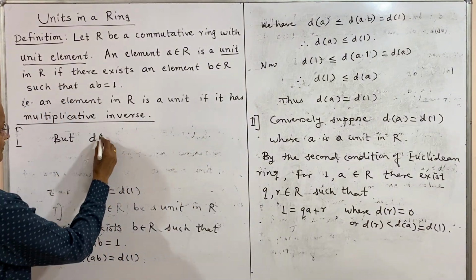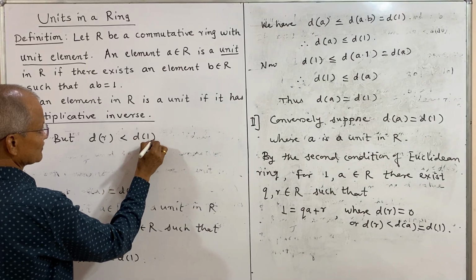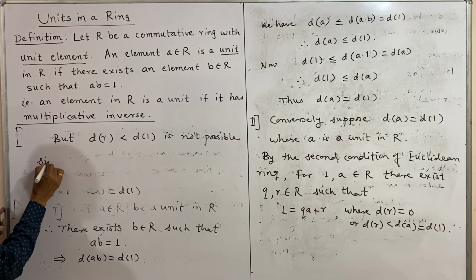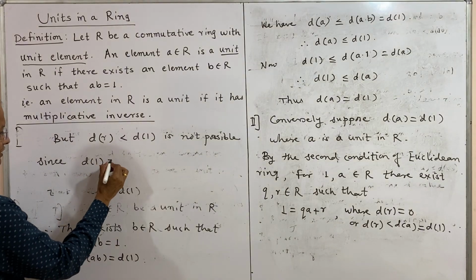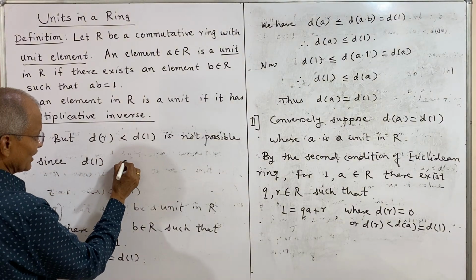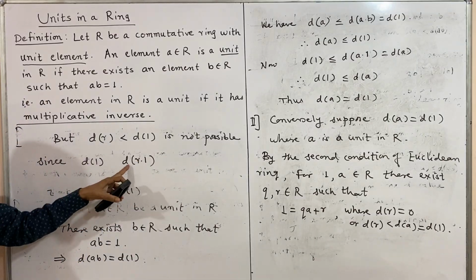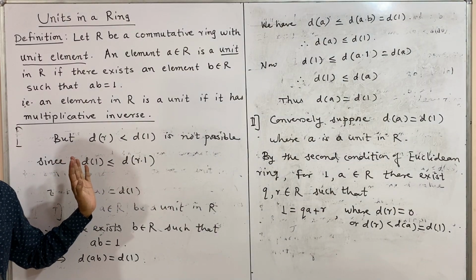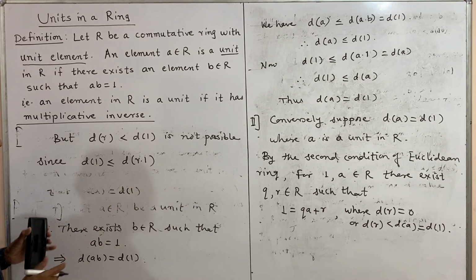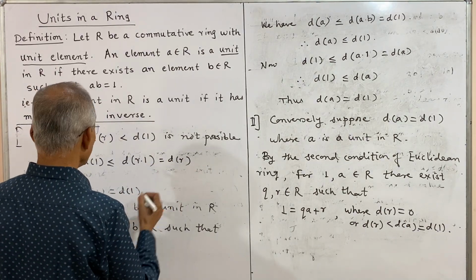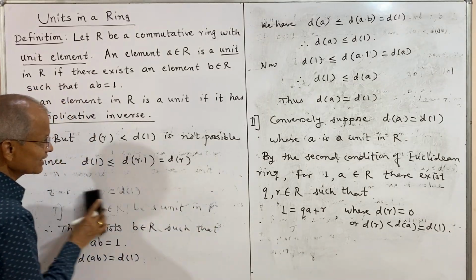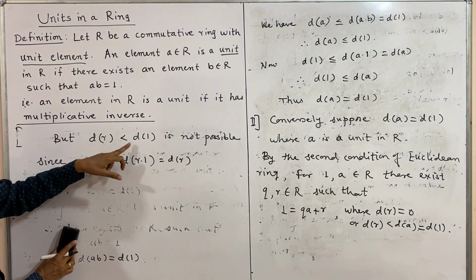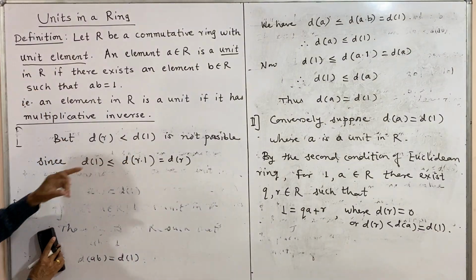How? Since d value of 1 can be written as d value of 1 into R, and we know the relation, this is less than or equal to d value of A into any other element, or 1 into R, or R into 1, it is commutative, and this is equal to d value of R. So d value of 1 is less than or equal to d value of R. This is the actual relation, but here d value of R is strictly less than d value of 1, and therefore it is not possible.